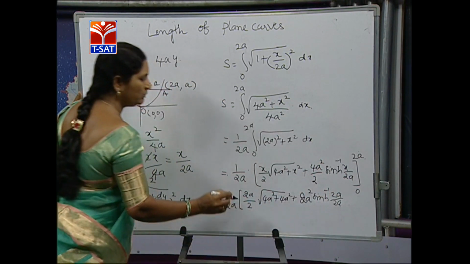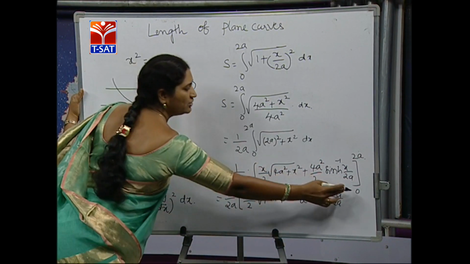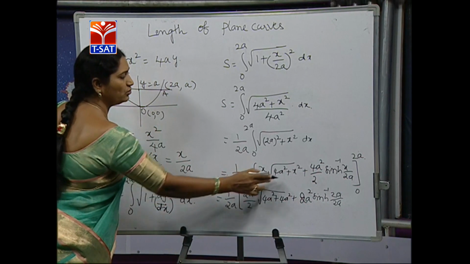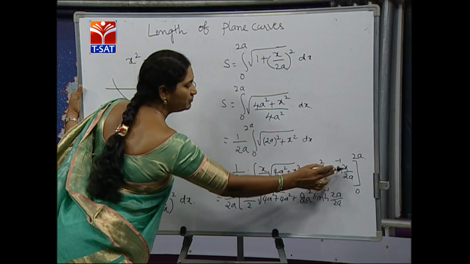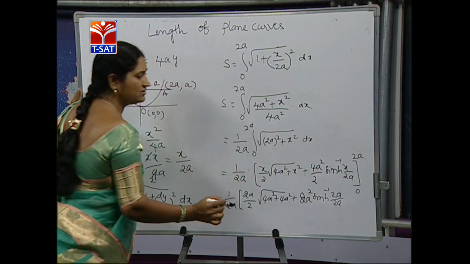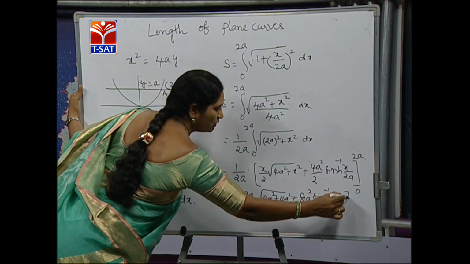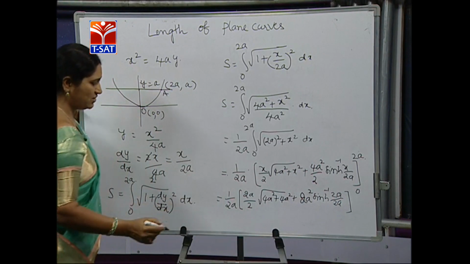So, what is the lower limit when x is 0? Apply the lower limit 0, sin h inverse. For this function, when x is 0, sin h inverse is 0, so we need not write the lower limit value because its value is 0.